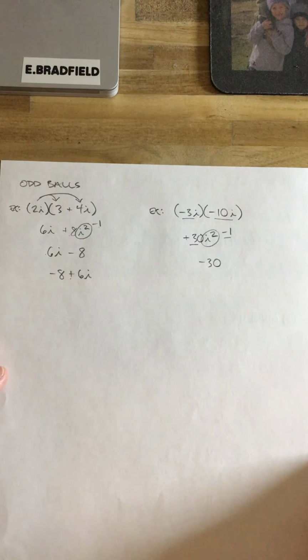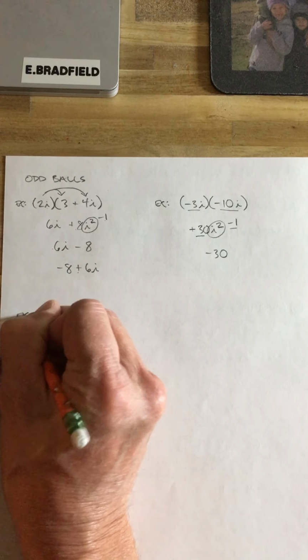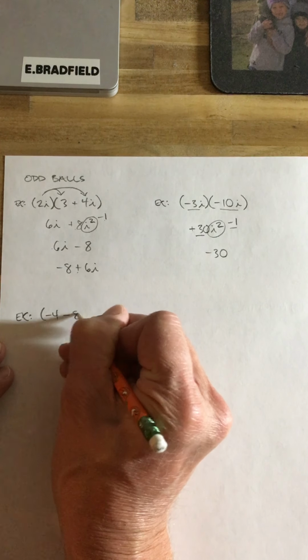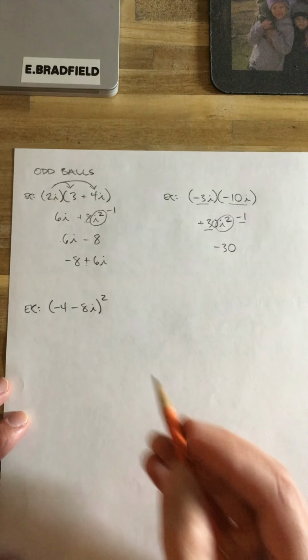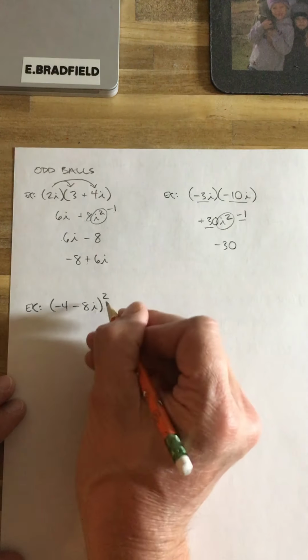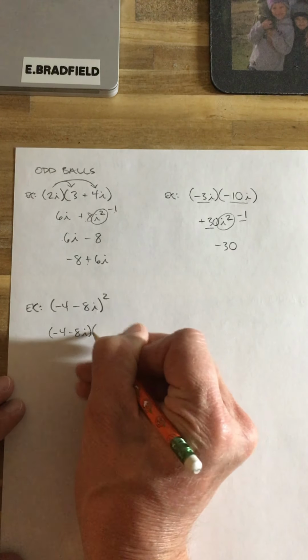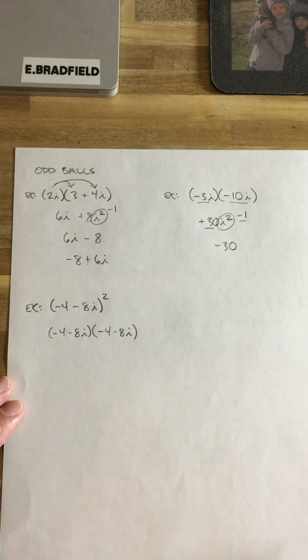All right, let's do another oddball. What if I have something like this: negative 4 minus 8i, squared? I know a lot of you think, oh, distribute the square inside. Don't do it. That square means we have negative 4 minus 8i times itself: negative 4 minus 8i times negative 4 minus 8i.